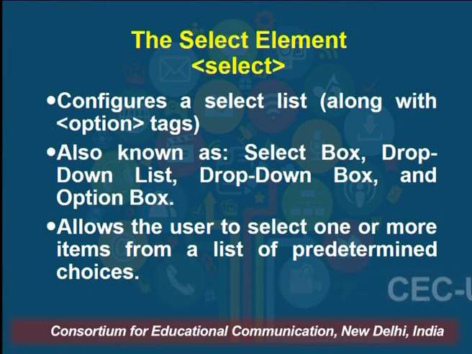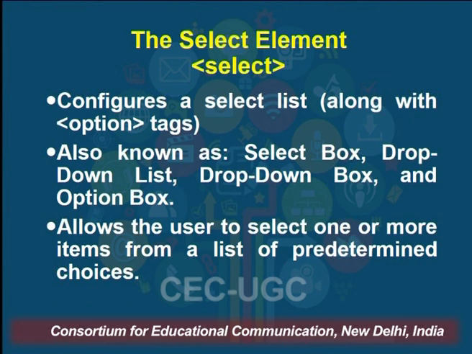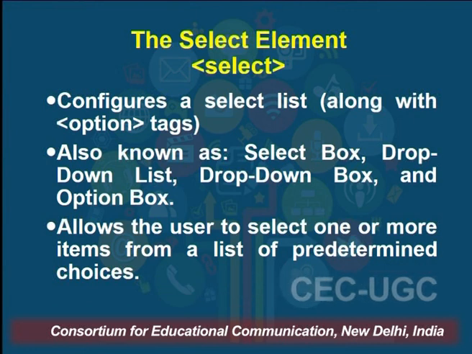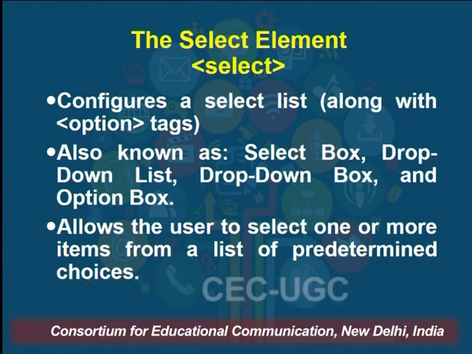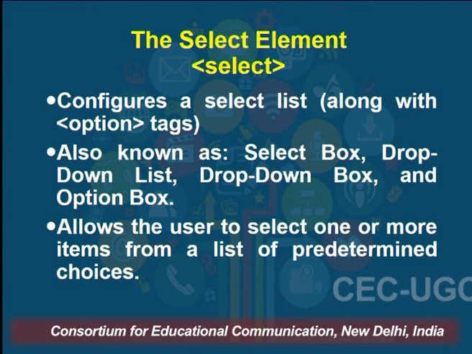Then the next element which is very important and very commonly used is the select element. The select element basically shows a drop down list of options, okay. It is also sometimes known as a drop down list or a drop down box, or it can be called an option box.